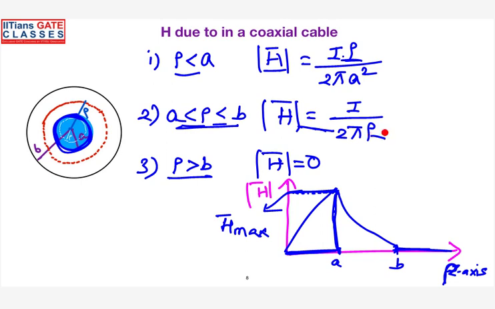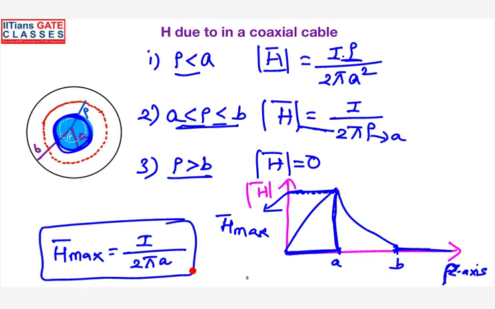If you replace rho with a here, the maximum magnetic field occurs on the surface of the inner conductor. So when rho is equal to a, it is equal to I by 2 pi a. Clear for everyone? Any questions you can discuss before going to problems?